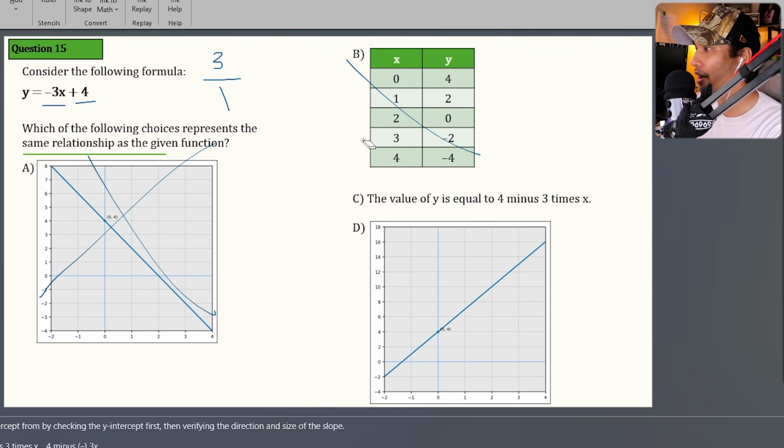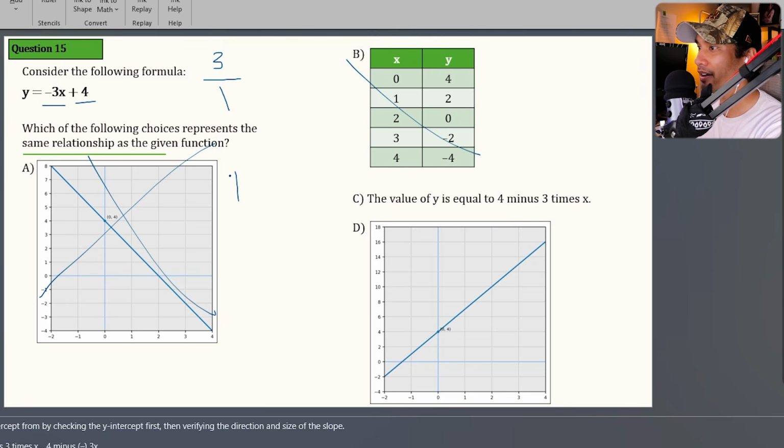And the value of y. So you need to know word problems. Okay, this is kind of hard. It's very difficult to grasp, but you must learn word problems. The value of y is equal to 4 minus 3 times x. So let's just write this down.